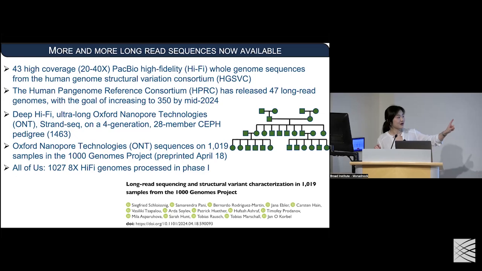They recently did high coverage PacBio high fidelity sequencing on all of them, and Oxford Nanopore on the first 3 generations, so a lot of data to use here. Also our colleagues at the Southern Genome Project published their preprint last Thursday with over 1,000 ONT genomes on Southern genome samples, and All of Us phase 1 has published over 1,000 lower coverage HiFi genomes.